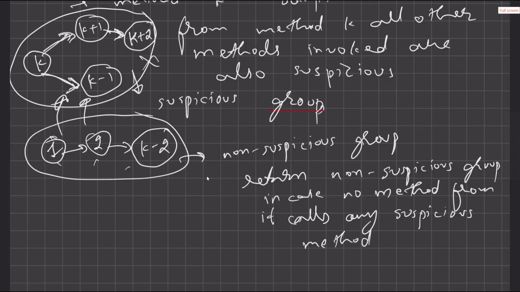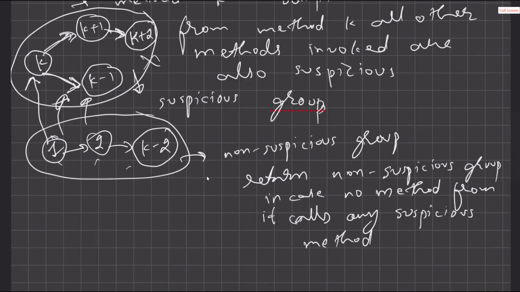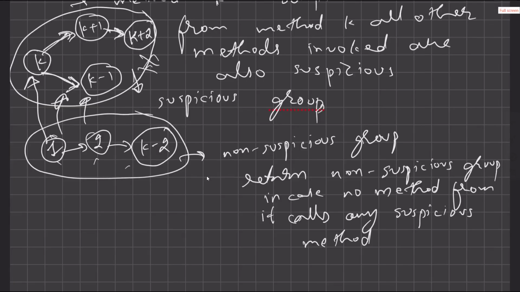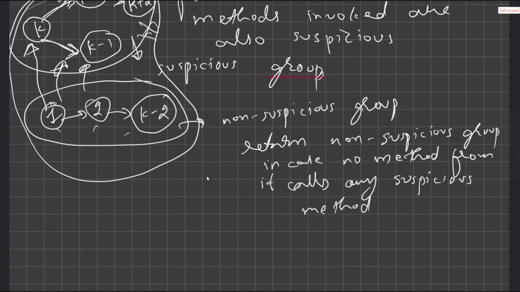Once I take an example, it will be very clear. It's just the wording. We need to return the non-suspicious group, and in case any non-suspicious method calls any suspicious method, then you don't need to remove the suspicious group. In that case, you need to return the entire set of methods.